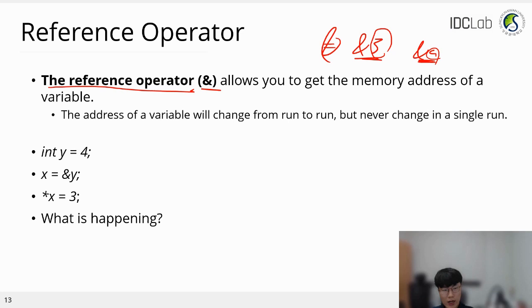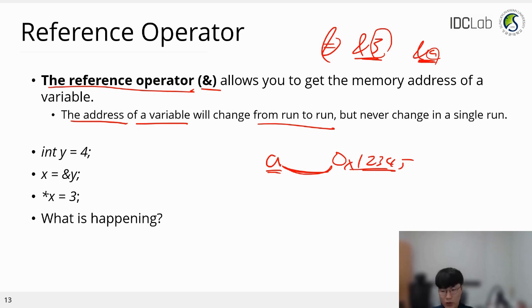One characteristic of this reference operator is that the address of a variable will change from run to run, but never change in a single run. For example, if the name A refers to memory space 0x12345, then the association between these two things is fixed throughout the execution of your program.